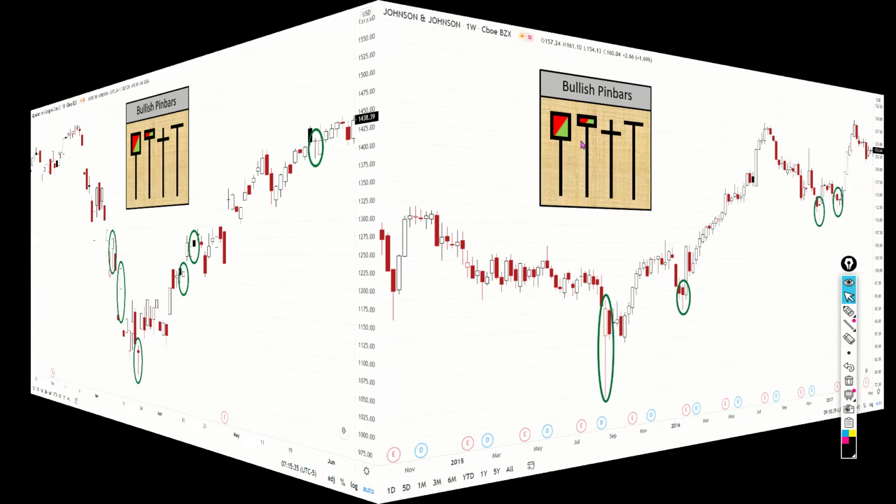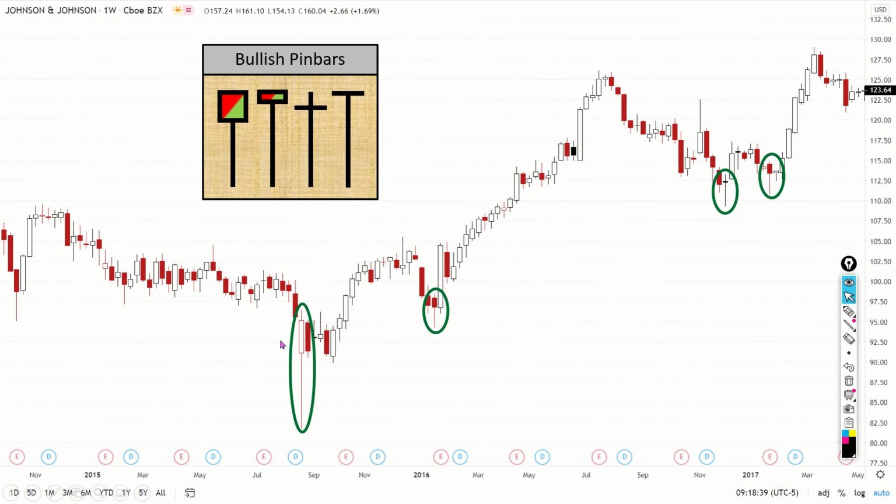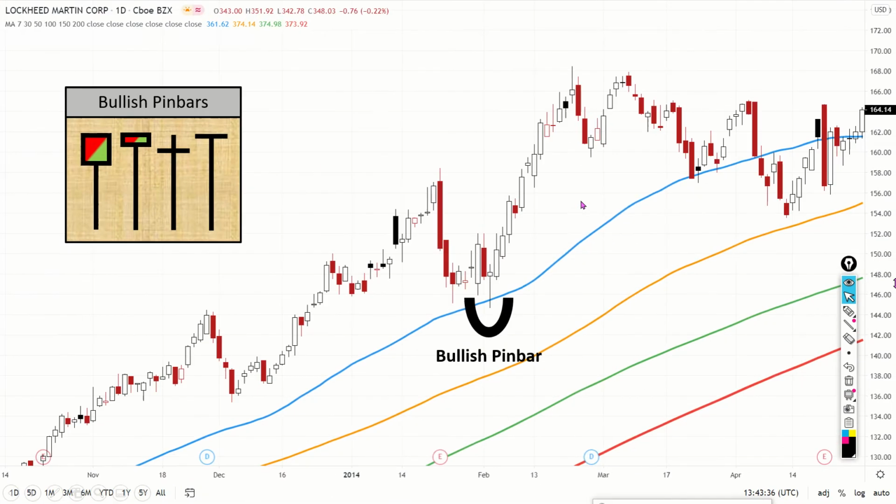All right. So, more examples. You can always find this at the low part of the charts here. Four examples right here. And you can also find them in very important confluence. Confluence trading means that you combine several different levels.